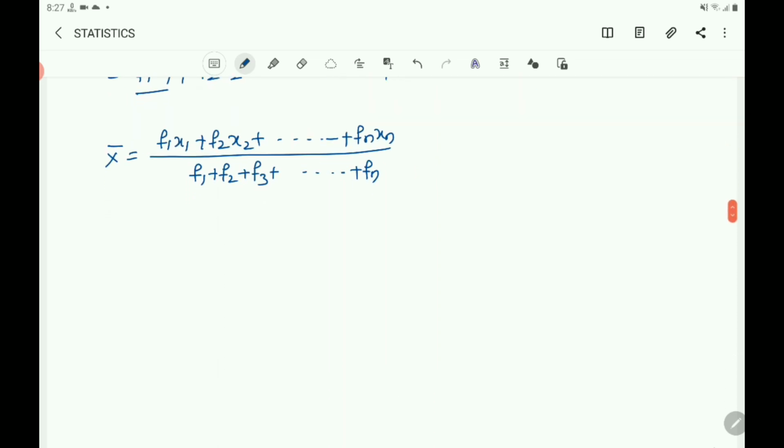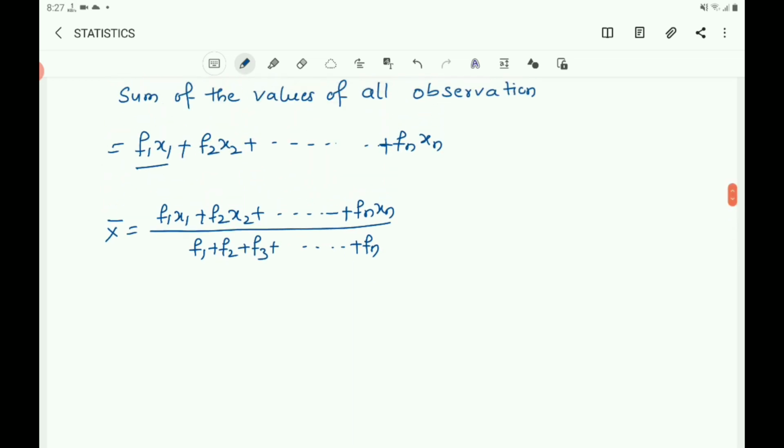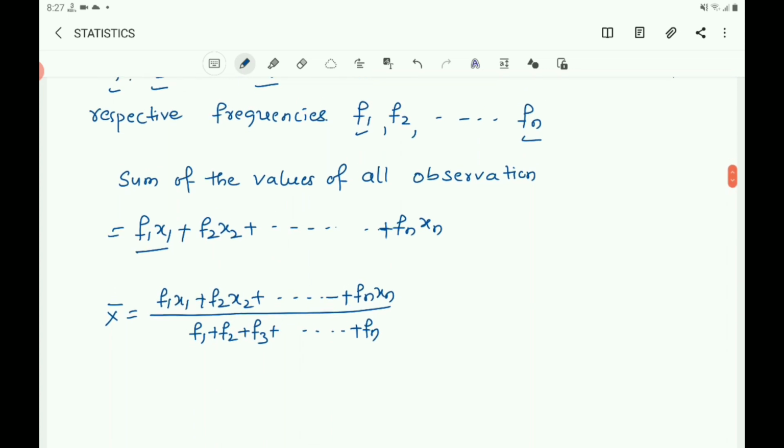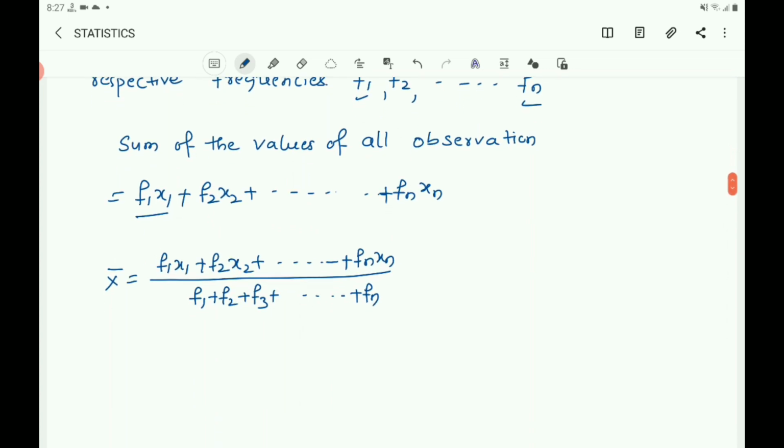Here f1 plus f2 plus so on plus fn is the total number of all the observations, that is the sum of the frequencies.